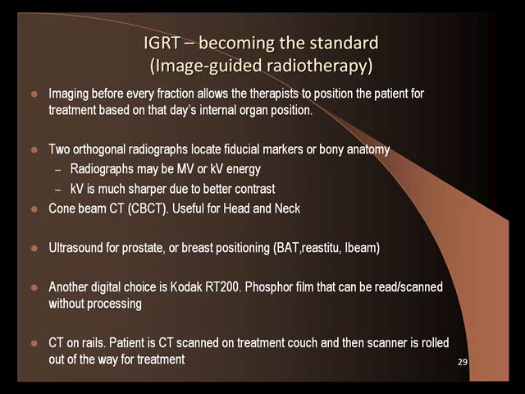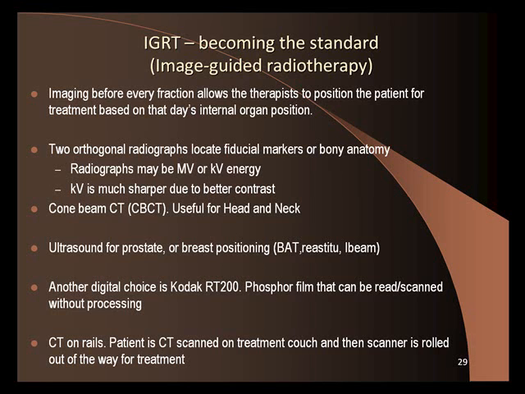And this can be accomplished with 2 orthogonal radiographs. And you can either locate markers, fiducial markers. Fiduciary markers means markers you can trust. So in radiotherapy, there are usually high Z markers, usually gold markers, that are placed inside the organ that you're trying to locate. So we'll place them in a prostate.